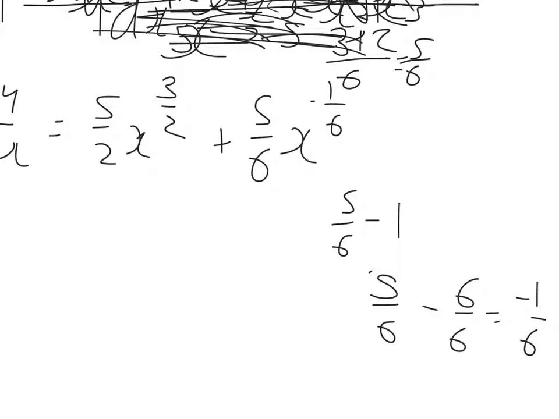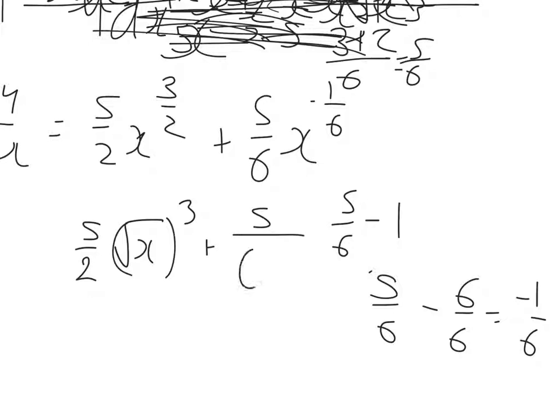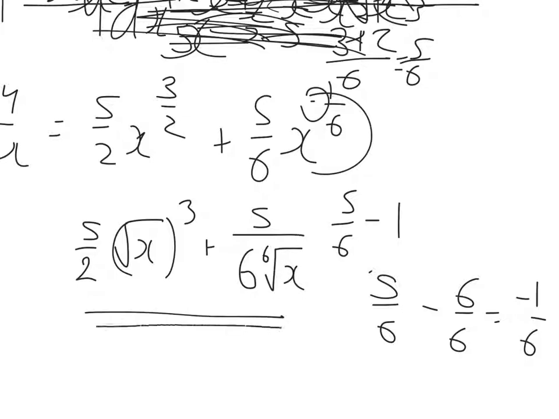So I can then reintroduce the root symbol, so that will be 5 over 2 square root of x cubed plus, well, that will be 5 over 6 times x to the power minus 1 over 6, which could be written as 1 over the 6th root of x. Final answer.